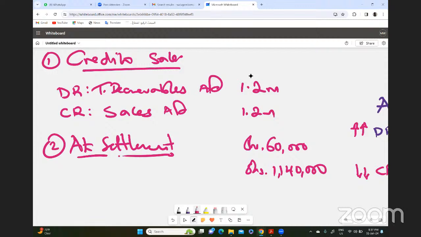So if the right to receive is no longer existing, you have to derecognize the asset, which is a receivable. Why? Because you no longer have a right to receive. The absence of the right to receive has come as a result of the trade receivable paying. But they have paid less. Remember, you have to derecognize in full.